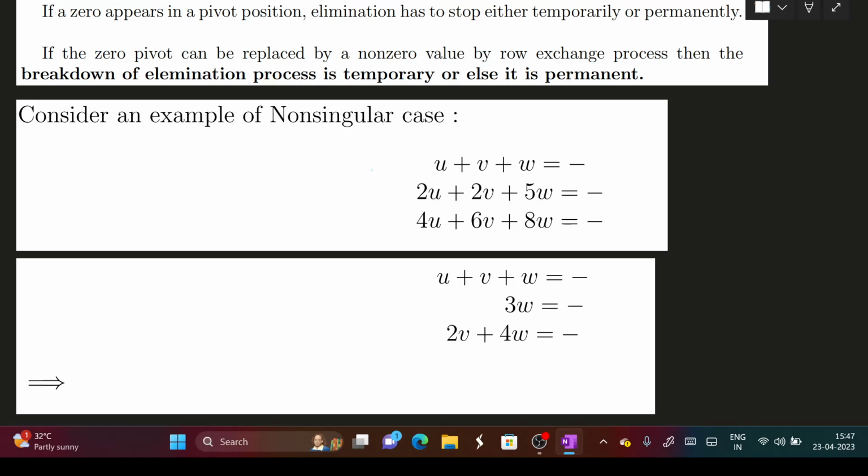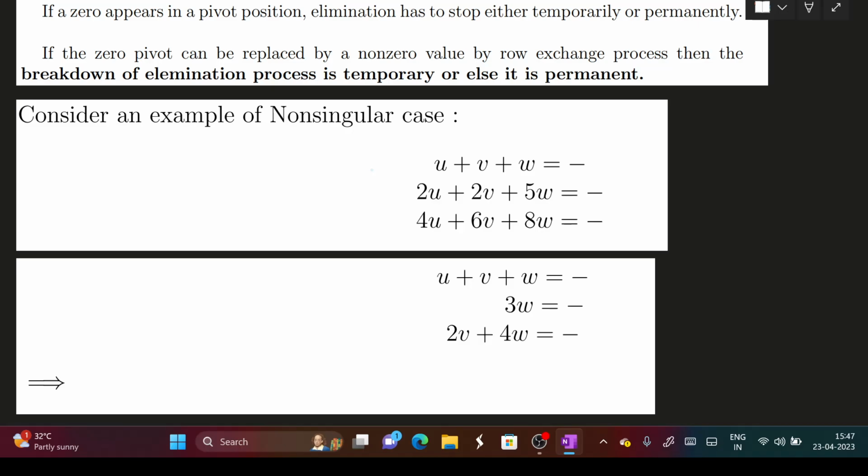Now from the second equation, I want to eliminate my u variable. That means I want to make its coefficient 0. So what operation will I do on the coefficient matrix?